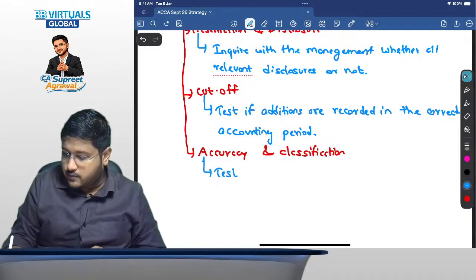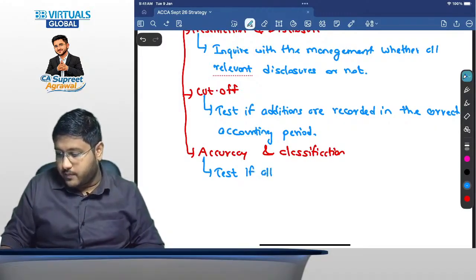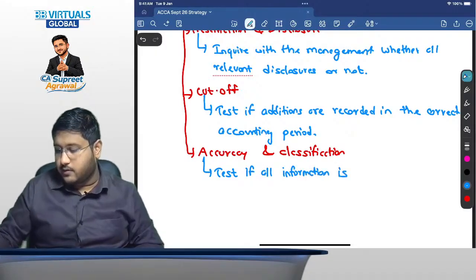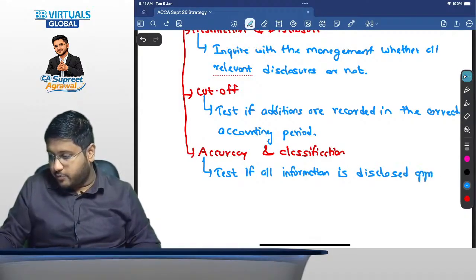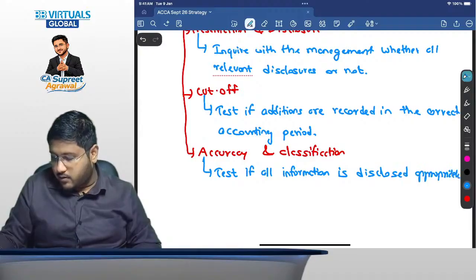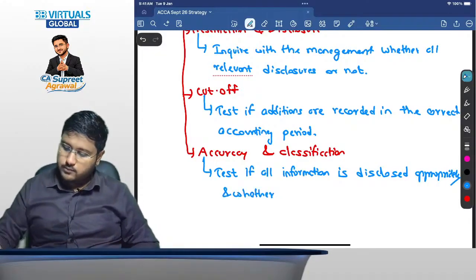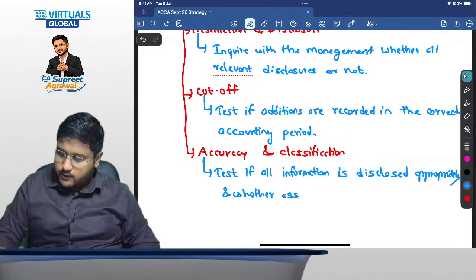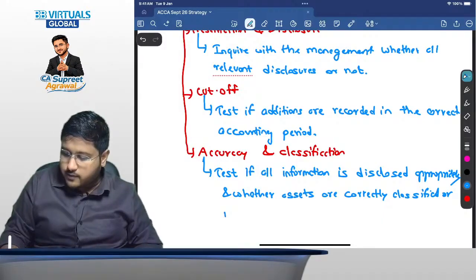Test if all information is disclosed appropriately or not, and whether assets are correctly classified or not. Assets are correctly classified or not, right? This is important.